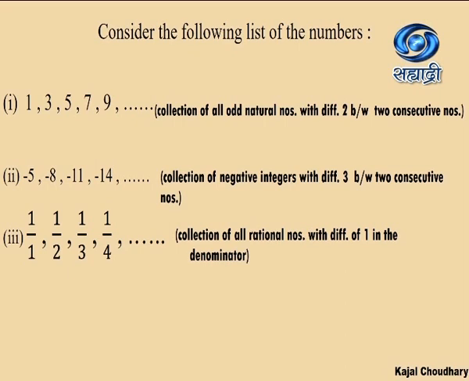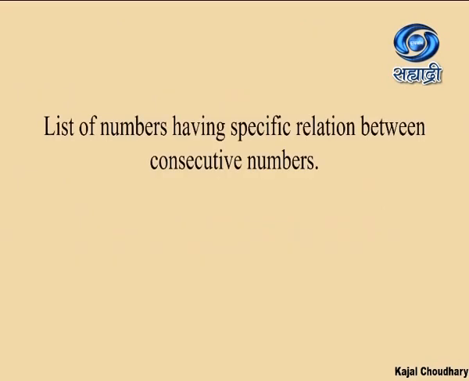Okay, so these are certain sequences or patterns which we have been doing since junior classes. If you observe this, some of them are collections of odd numbers, some are collections of negative integers, and the third one is a collection of rational numbers. We can have many such patterns, or we are aware of many such patterns. So they are lists of numbers having a specific relation between consecutive numbers or consecutive members.